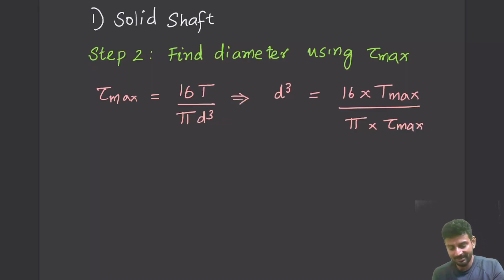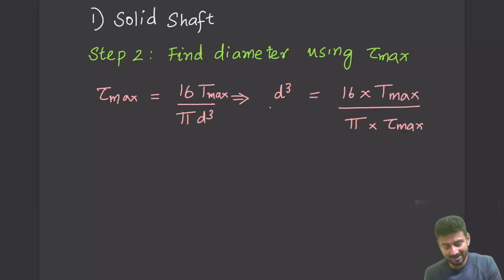As I've said before, we have to use T max in this equation, which we have calculated in the previous step. If we want to calculate the diameter D from this equation, we know the value of tau max, and we have calculated the value of T max. So we'll rearrange this equation to D cube equal to 16 into T max divided by pi into tau max.